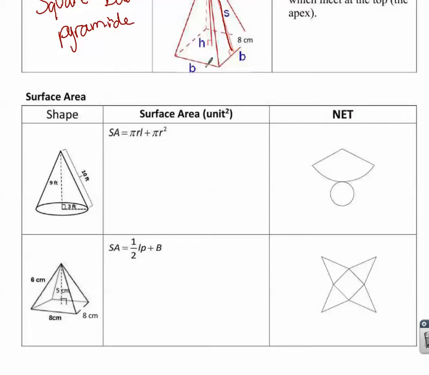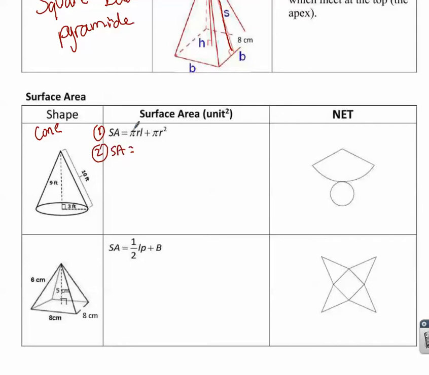To find the surface area of these figures, so of a cone, here you have your height, which is 9, slant height, which is 10, and radius, which is 3. So given the formula, remember you have to have these steps on your assessments if you want to have full credit.